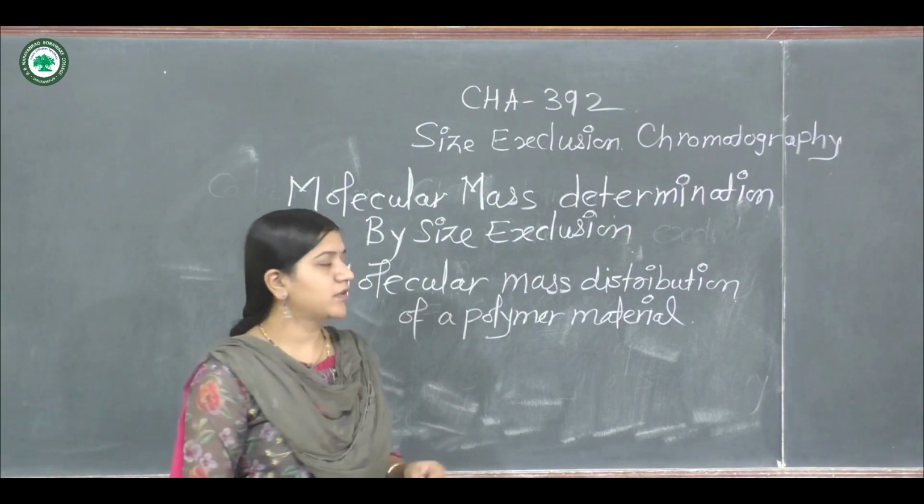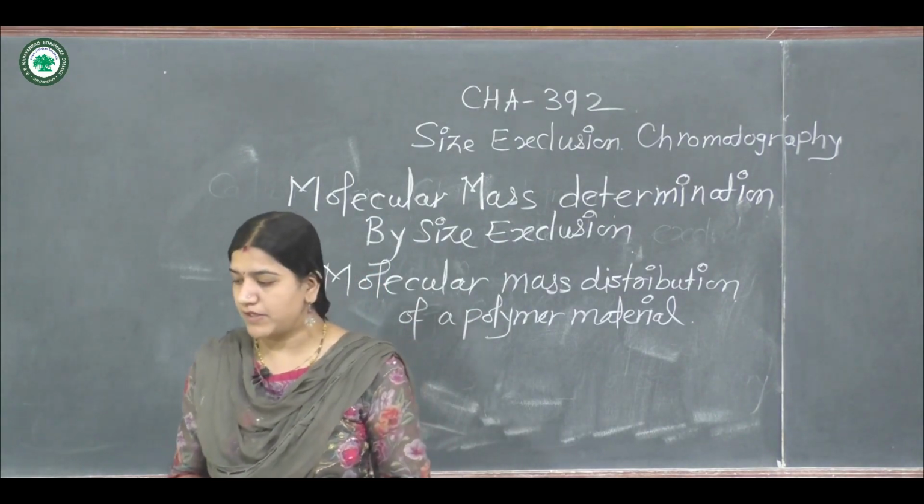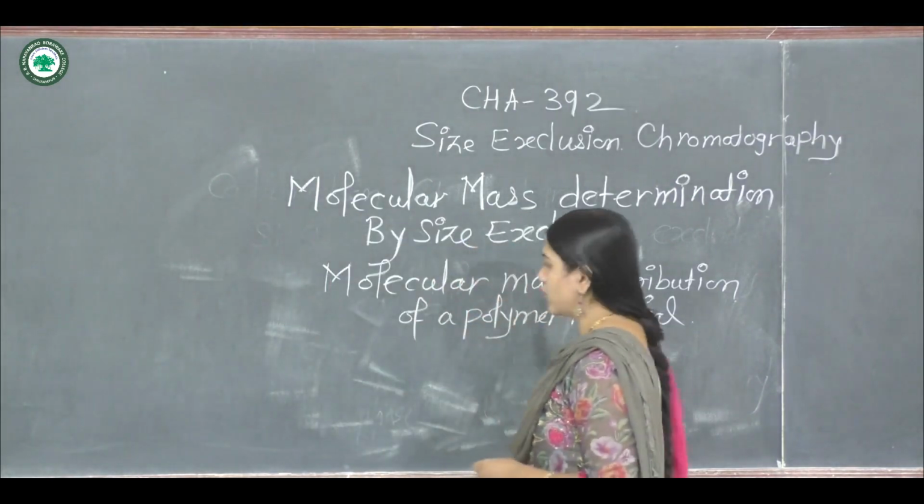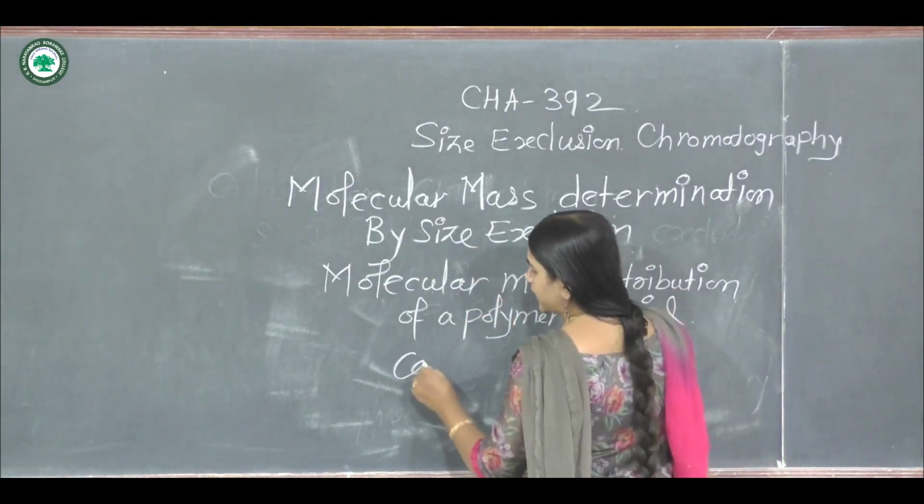So here the molecular mass distribution of a material is determined by comparing the sample chromatogram and the calibration graph.